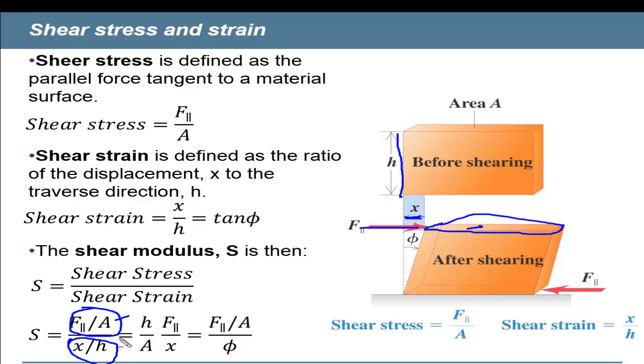Algebraically manipulating that, we get the height over the area times the parallel force over this horizontal displacement at the top, or it all comes down to the parallel force divided by area, all over this angle phi. These are all simply algebraic manipulations, just a bunch of different ways to write the shear modulus.